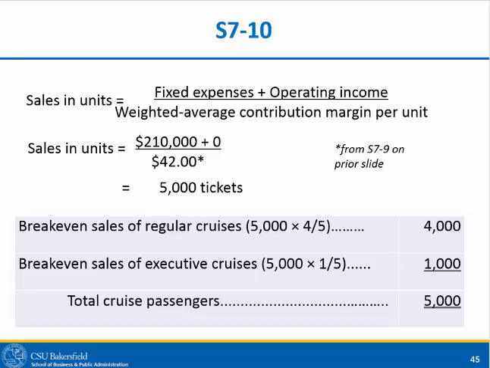So you don't need to sell that many anymore in order to break even. You can sell less to break even. So that's why instead of 7,000, now you only need to sell 5,000, because contribution margin per unit actually is larger in this case. So that's the reason here.